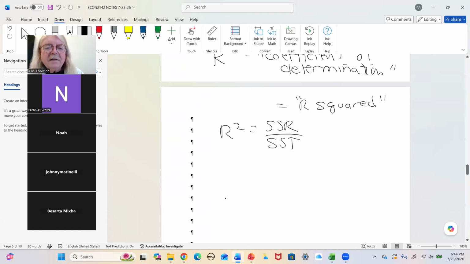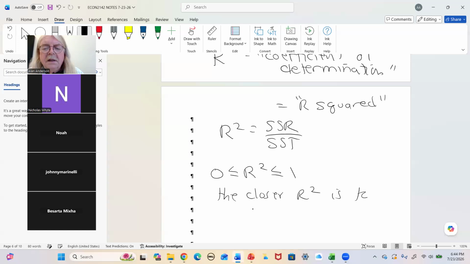This is the way it's defined. It will always be between 0 and 1. The closer R squared is to 1, the better the regression line fits or explains the data.